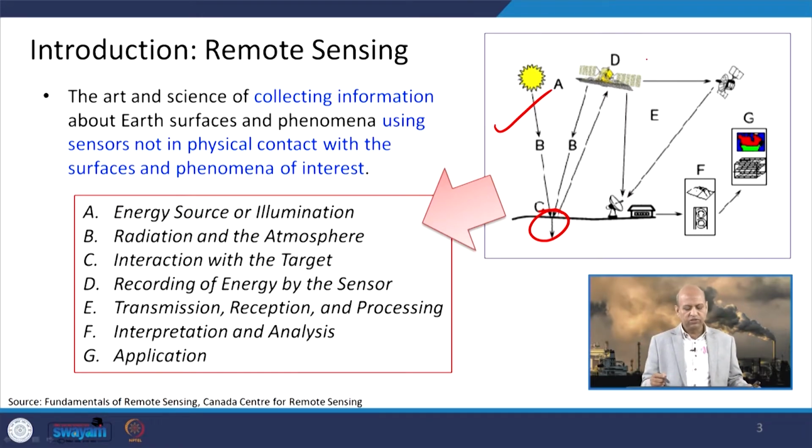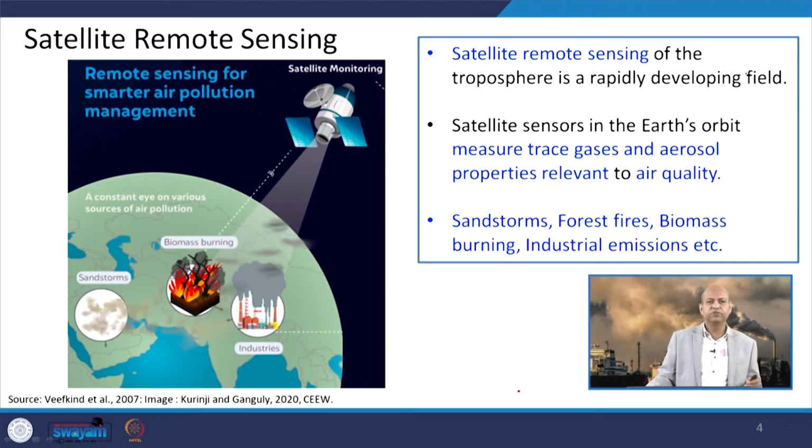The recording of the energy by the sensors happens at this place, and then transmission, reception and processing of these data can be through several other instruments which are part of this. At last we interpret or analyze these data with the help of computers and techniques, maybe some statistical tools, plotting graphs, tabulations, etc. That way we apply and use that information for whatever purpose we are getting this data, like this lecture is for air quality management. We will see how we use these products of remote sensing or satellite for air quality management.